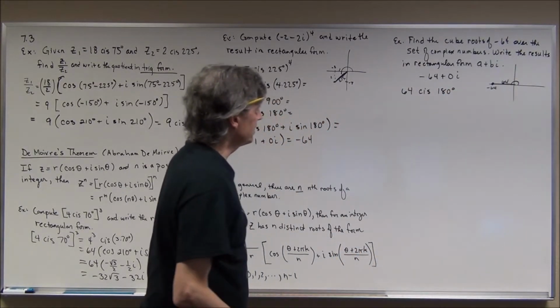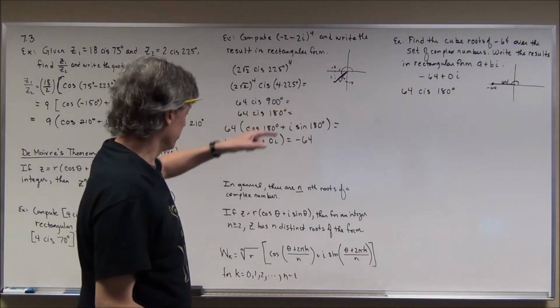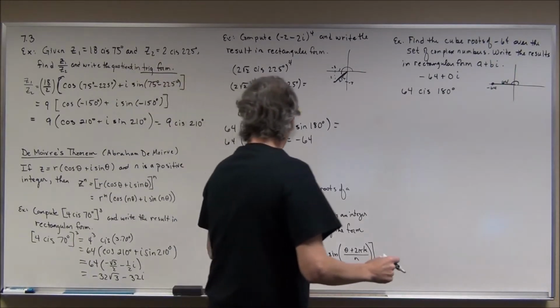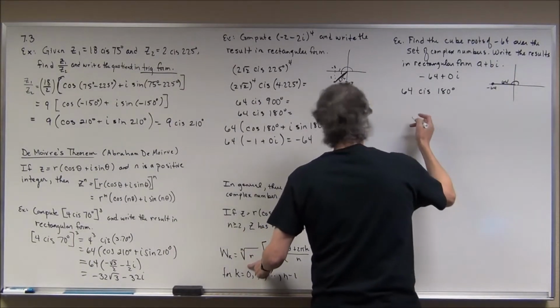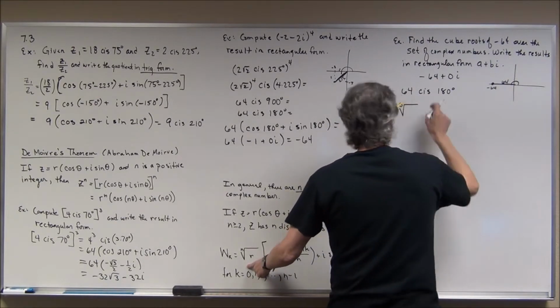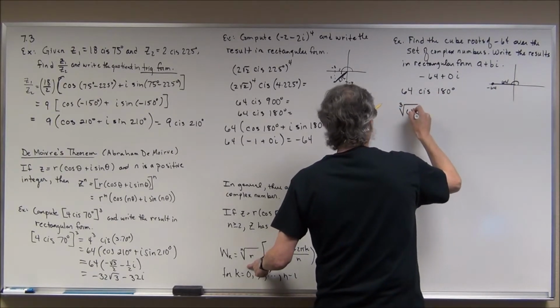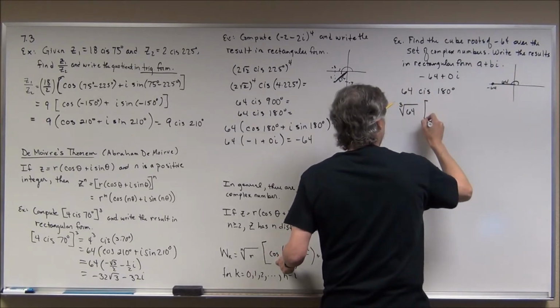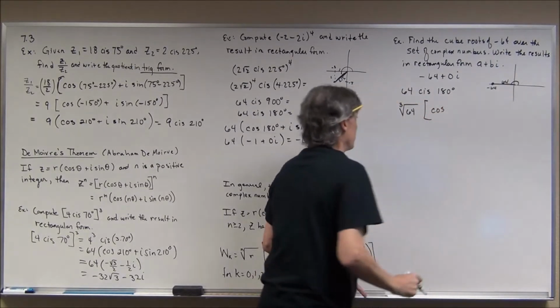Now if I'm going to take the cube root of this, notice the formula here: the cube root of r, which is 64, times the quantity, and I'm going to have to write 3 of these expressions down, because there's going to be 3 of them.